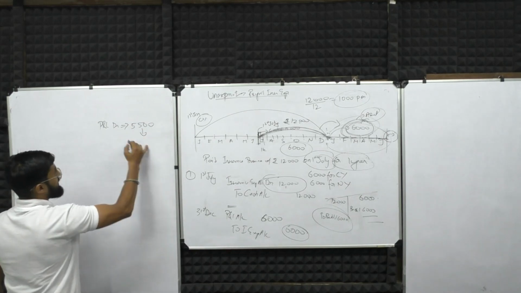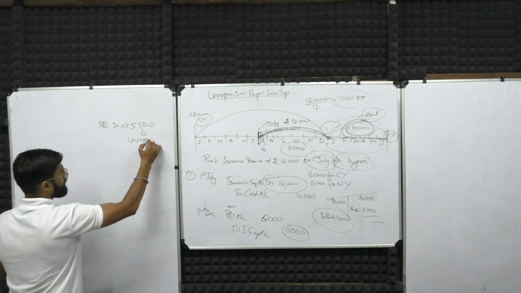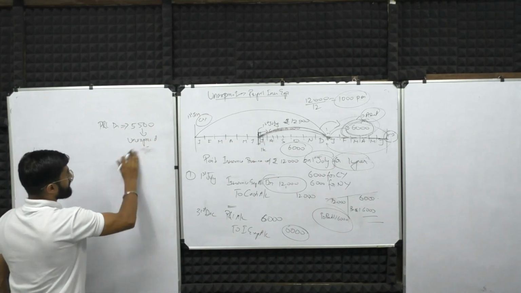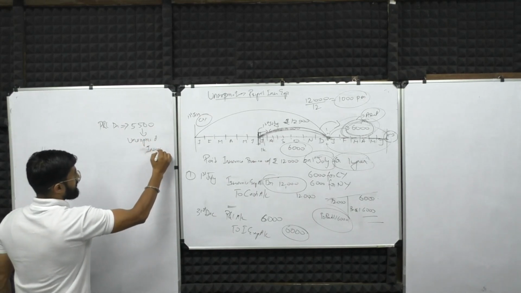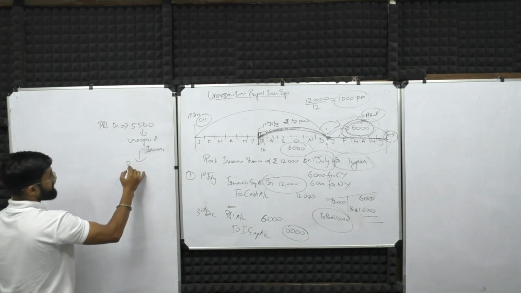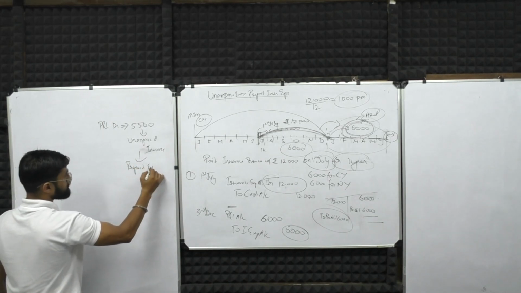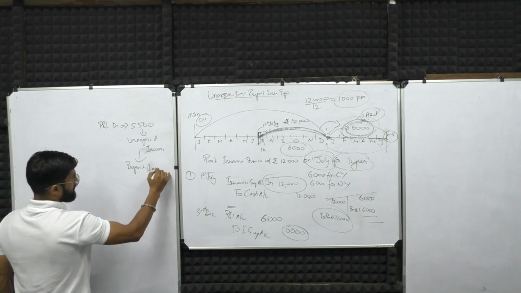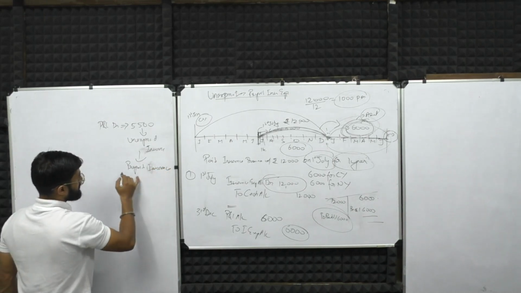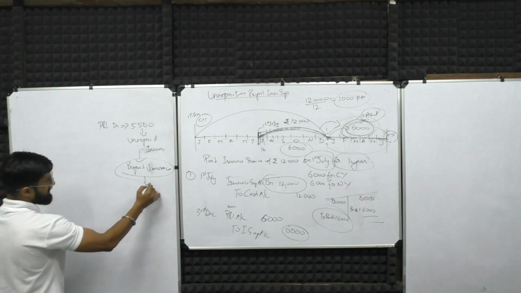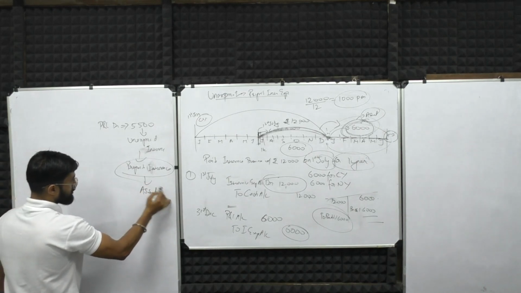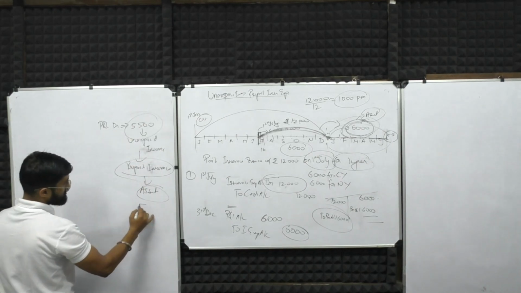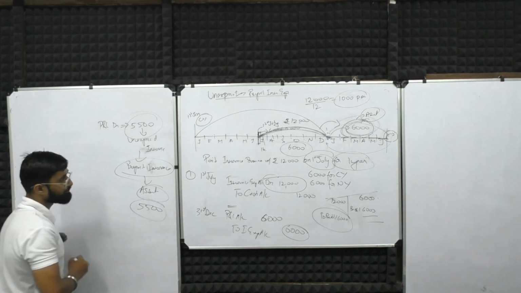This is the unexpired insurance, which is the prepaid insurance. Prepaid insurance is an asset, and it is 5,500.